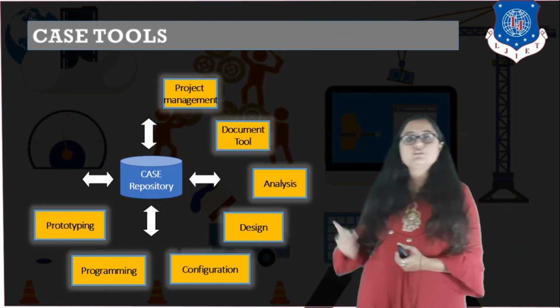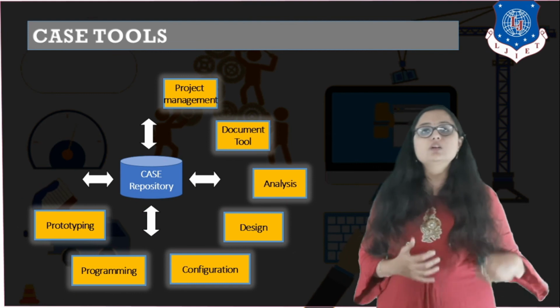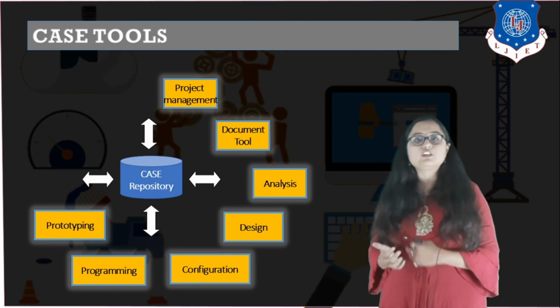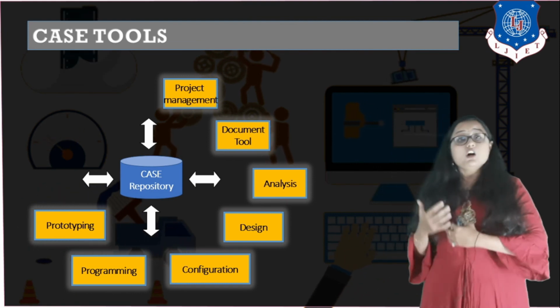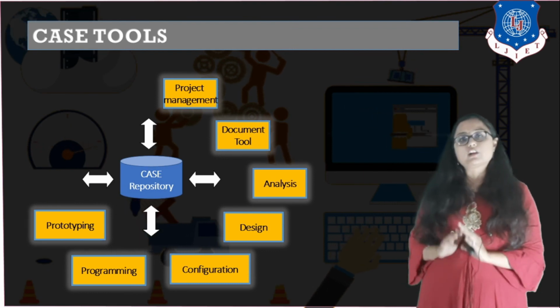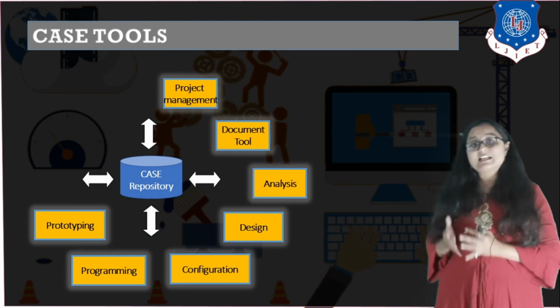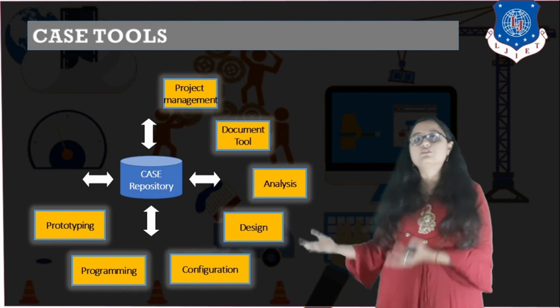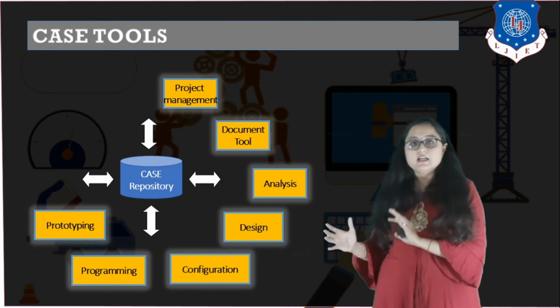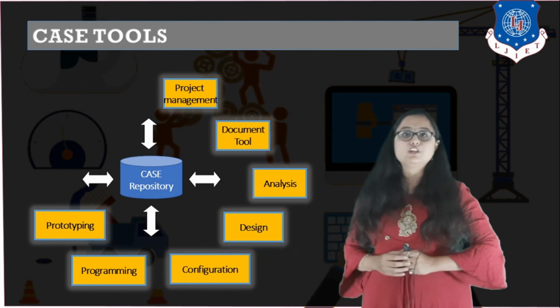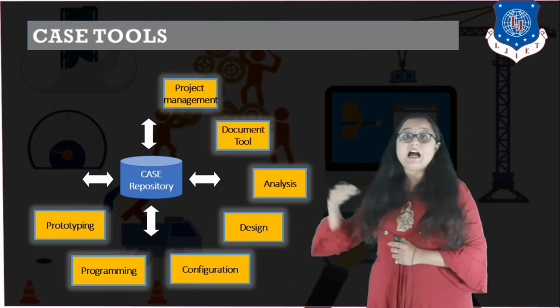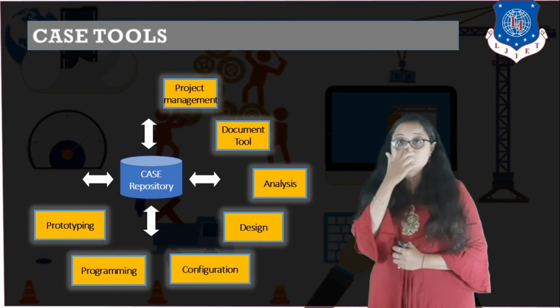The next set of tools is prototype tools. Prototype tools are used when you are following a prototyping model and you want a rough simulation of how your software will actually work or how it will look. Then you can use this prototyping tool to see the outlook of your software.